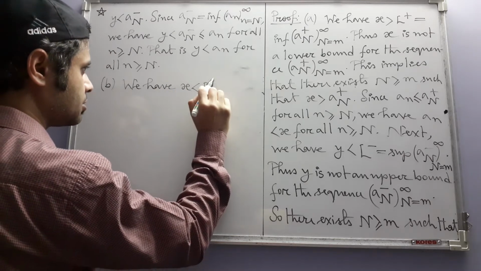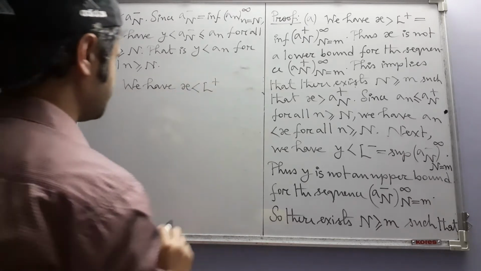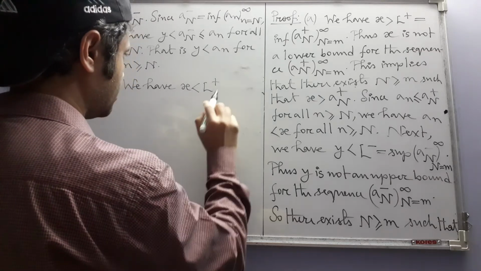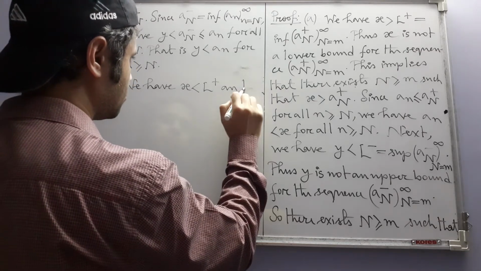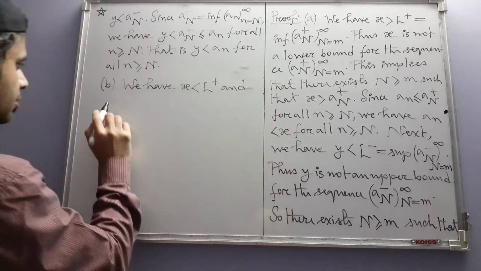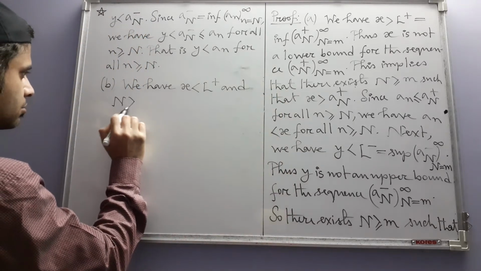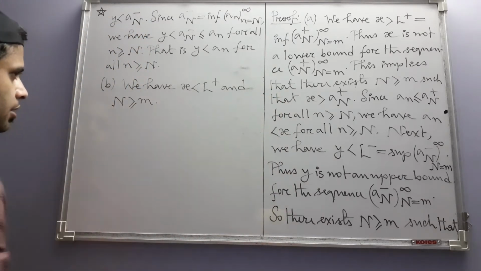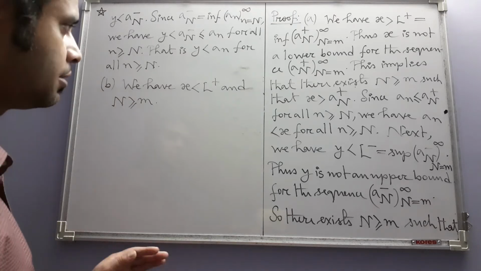x this time is less than L plus, x less than L plus, and N is some integer greater than or equal to m that has already been chosen.